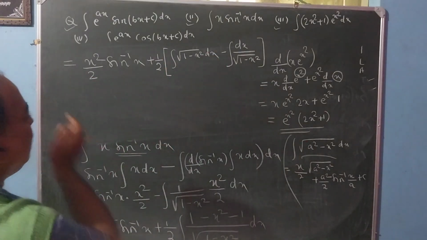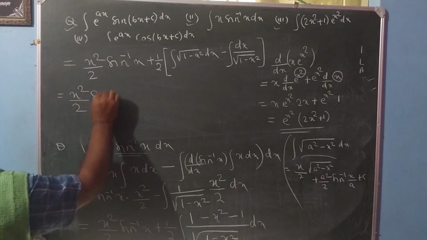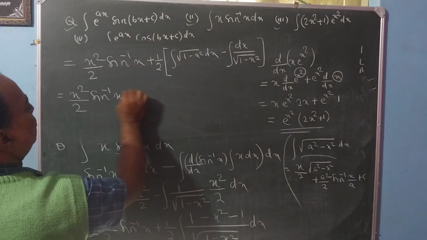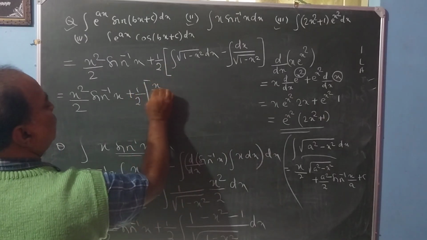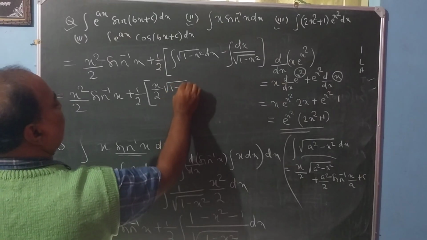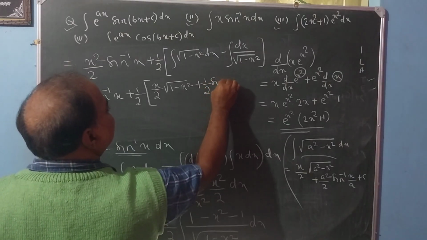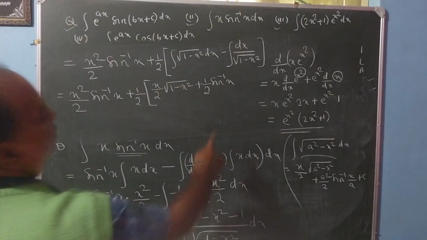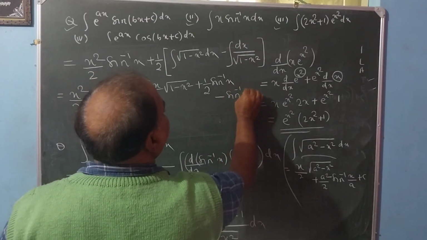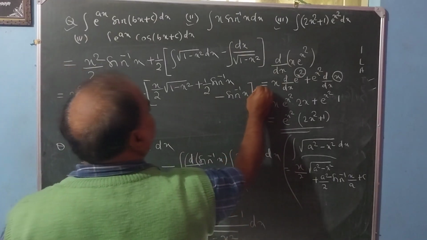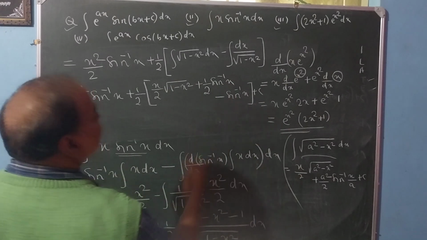Applying this formula here, we get x square by 2 sine inverse x, 1 by 2 whole into, applying this formula, x by 2 root over of 1 minus x square plus a square by 2, 1 by 2, here it is sine inverse x. So integration of 1 by root over of 1 minus x square is also sine inverse x plus c.